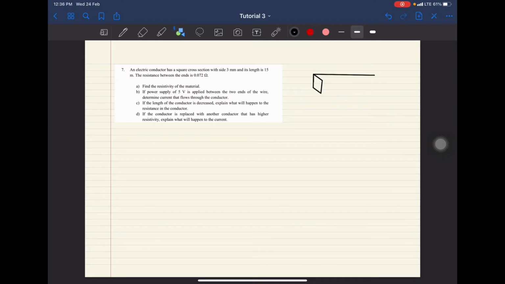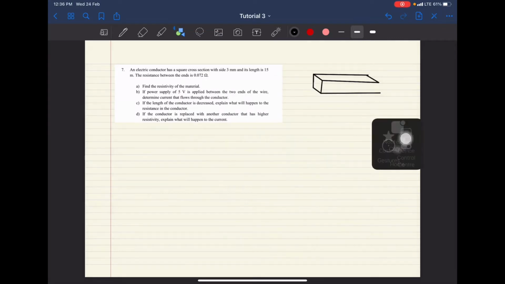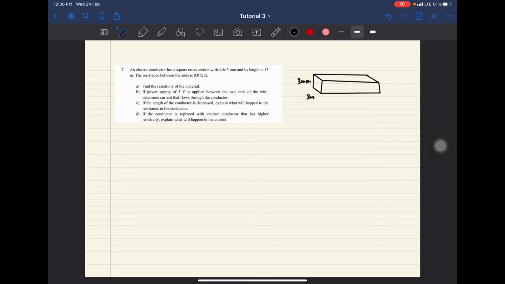It's not a wire, I think it's just a conductor. And it should look something like this. Okay, given the area, they give you the side, so 3 mm and 3 mm here, and the length is actually 15 meters, very long conductor.